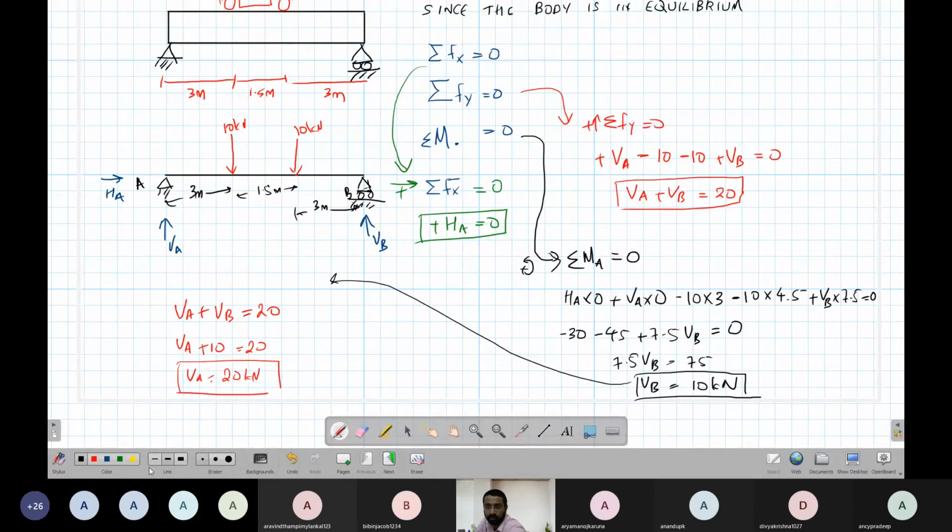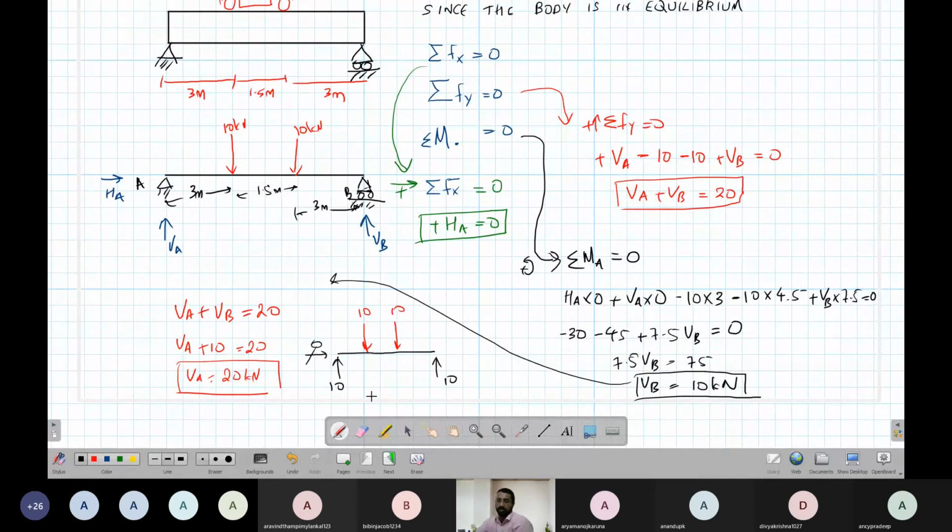So if I draw the free body diagram, we have a 10, 10 kilonewton load here. I have a vertical reaction of 10 here, a reaction of 10 here, and a 0 horizontal reaction here.